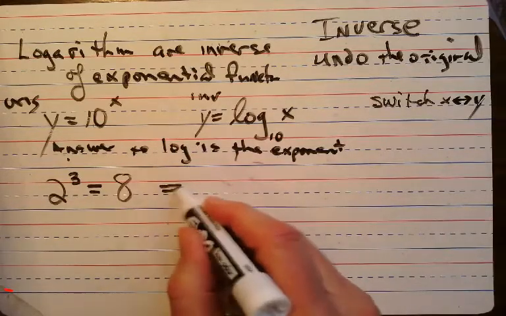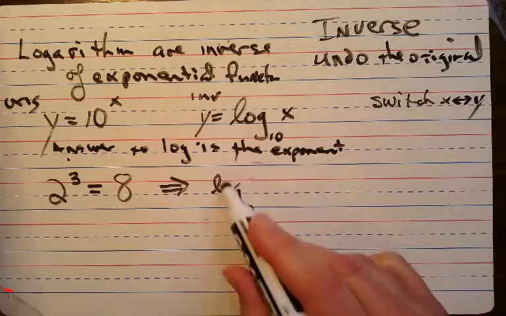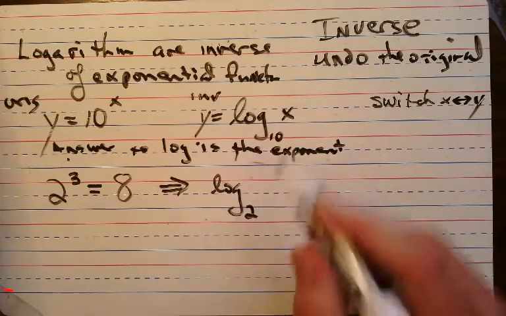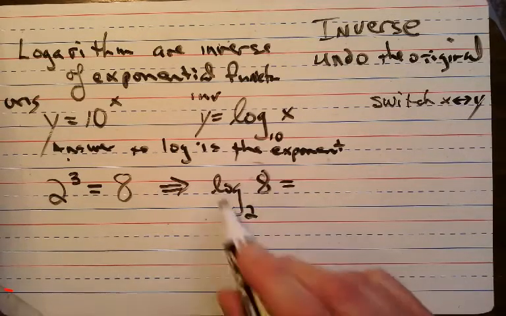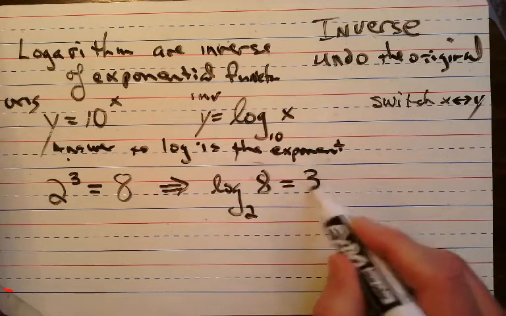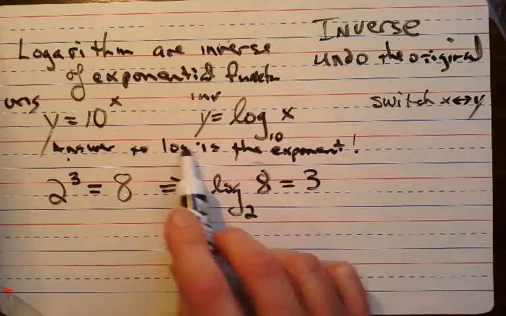Now if I was changing that to be a logarithm, I'd have to have log base 2 of 8, and the answer to the logarithm is the exponent, right?